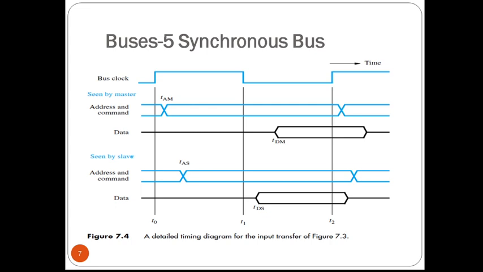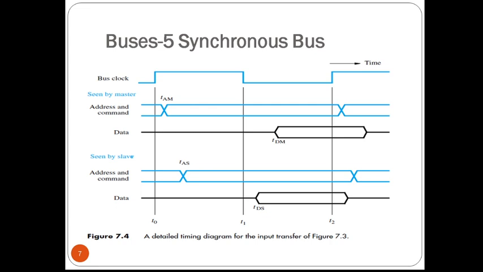They do not appear on the bus until TAM due to the delay in the bus driver circuit. In the previous figure, you can see there was a rising edge at the line T0 only, but here it appears after some delay. This delay was not represented in the previous figure.